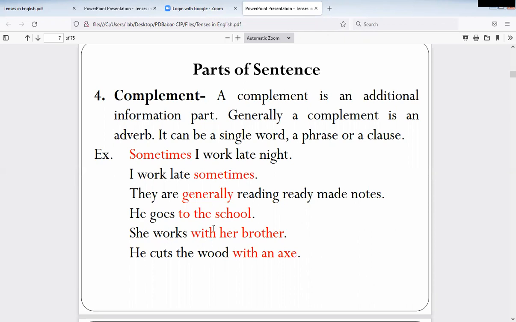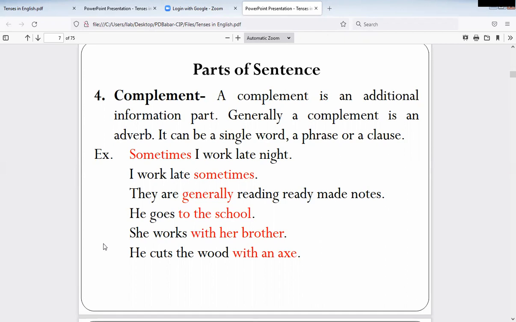Okay, what works, it does not answer with her brother. Whom work, it is also not answering with her brother. Okay, and that's why with her brother is the complement in this sentence. Then see the last example of this sentence complement.